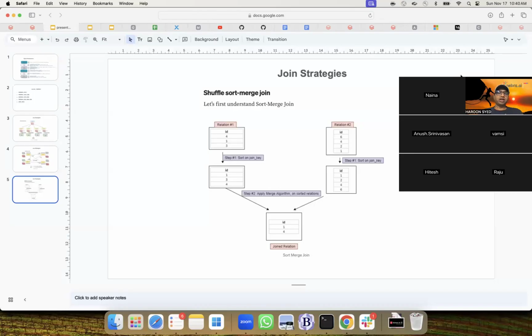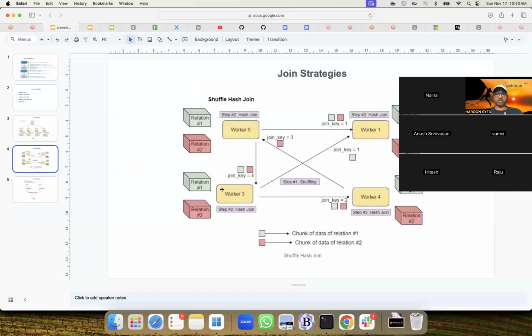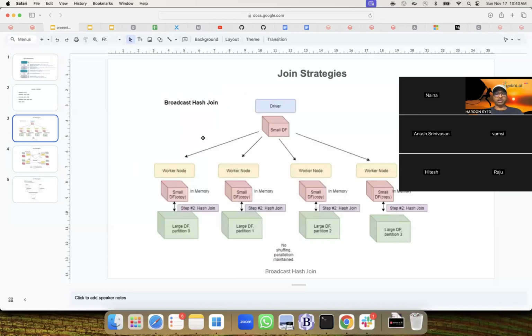So in that, the standard strategy is shuffle sort merge join. We will come back to it. And then there is a shuffle hash join, another option. This is, I think, the least preferred of the three. And then there is a broadcast hash join. What broadcast hash join does is, when you're joining two data sets, it looks at the size of the data sets.